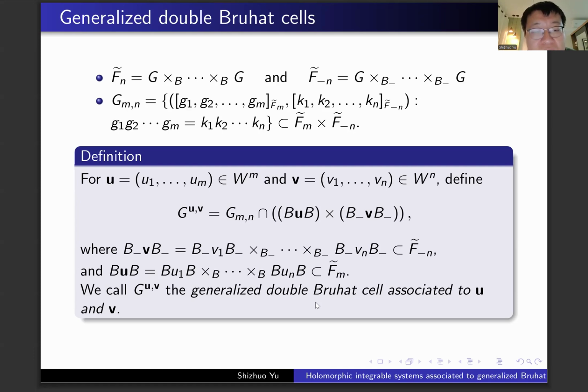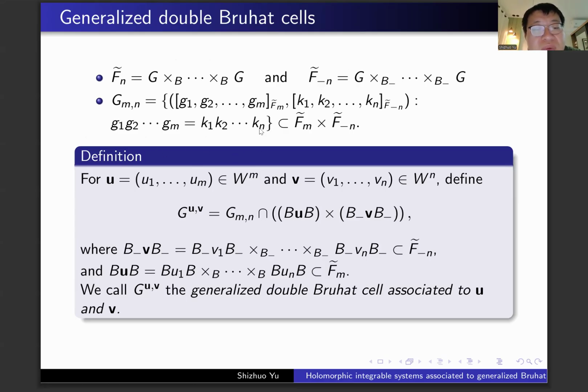It means that if we take m copies of the twisted double Bruhat cells, and suppose that the multiplication of these elements in the F_n twisted map equals the multiplication of the elements in the F_{-n} twisted map.